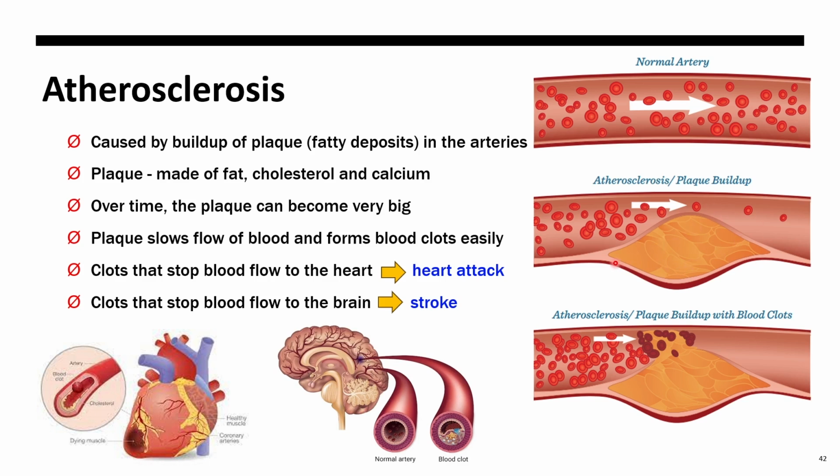Over time, these fatty deposits become bigger and bigger and slow down the blood flow. Dead red blood cells can also get stuck there and stop the blood flow, forming blood clots easily. Clots that stop blood flow to the heart cause heart attacks, and clots that stop blood flow to the brain cause strokes.